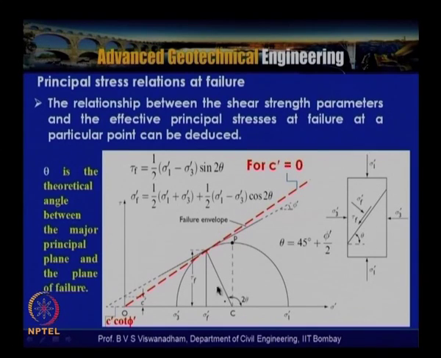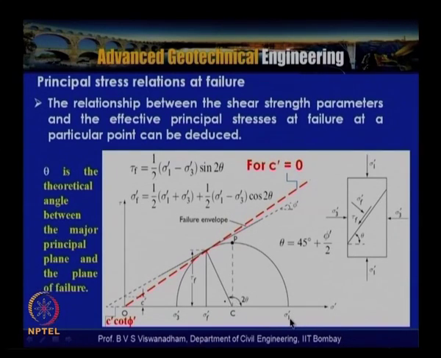When we have this Mohr circle, let us say we have a certain cohesion intercept c dash and angle of internal friction phi dash, that is the effective stress Mohr circle. Sigma 3 dash is nothing but sigma 3 minus u, and sigma 1 dash is sigma 1 minus u.